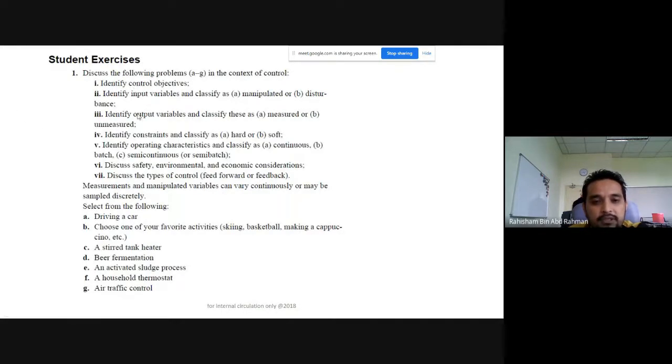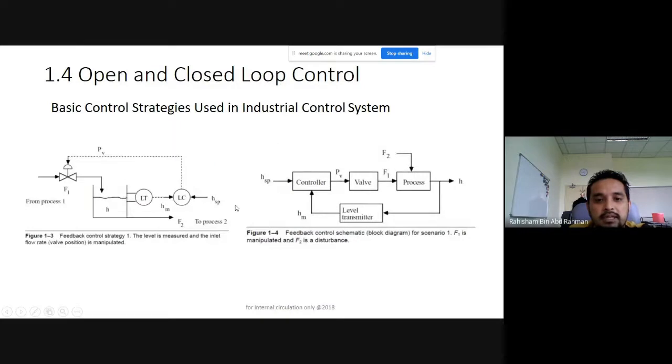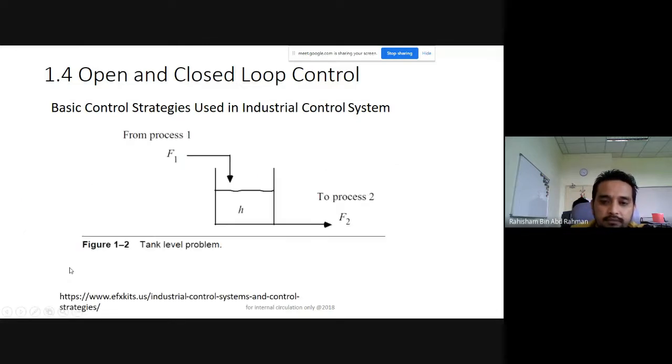Nothing to worry about, I'll explain it later in the next class. But for now, as an exercise, only look and try to understand these control strategies. I don't need you to propose a new one. I just need you to understand how we are going to maintain the water level at this height through various approaches.